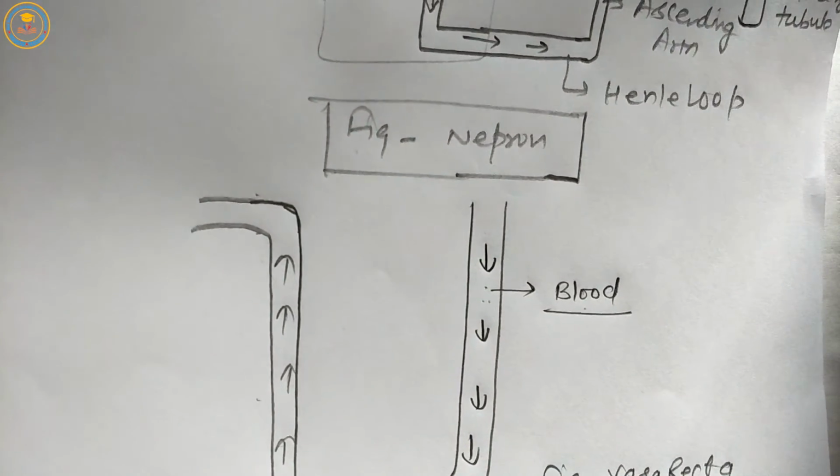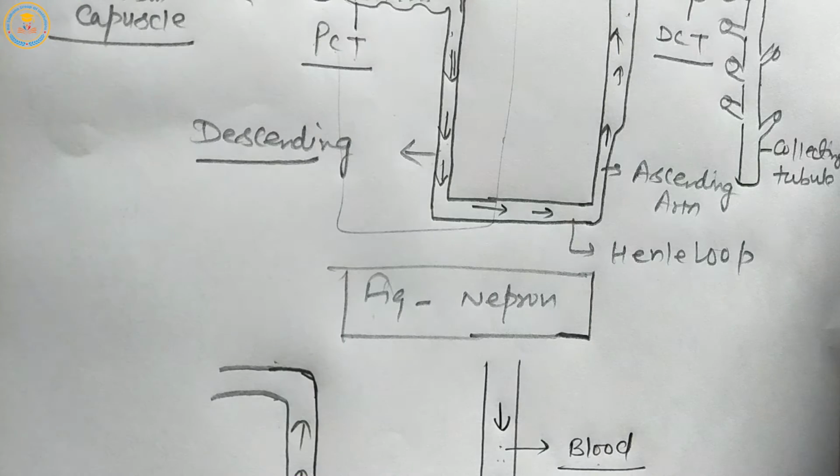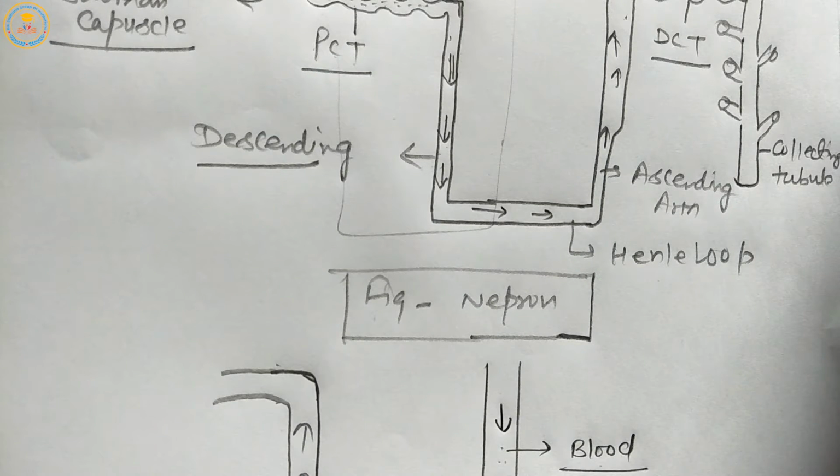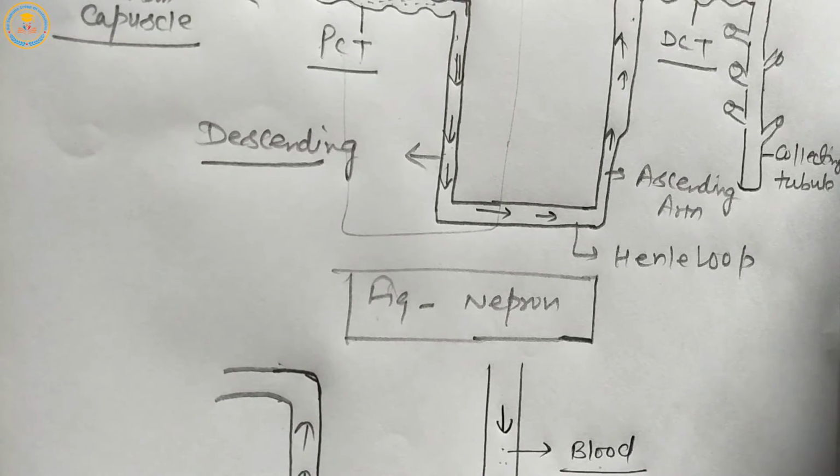Students, counter current mechanism is essential for mammals to have the ability to produce concentrated urine. The Henle loop and the vasa recta play a significant role in this concentrated urine. So next are some points of counter current mechanism.